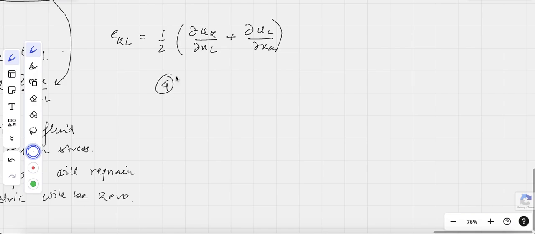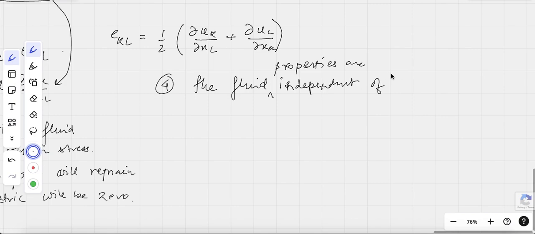Now the fourth assumption. The fluid properties are independent of direction, which means the fluid properties are point functions.